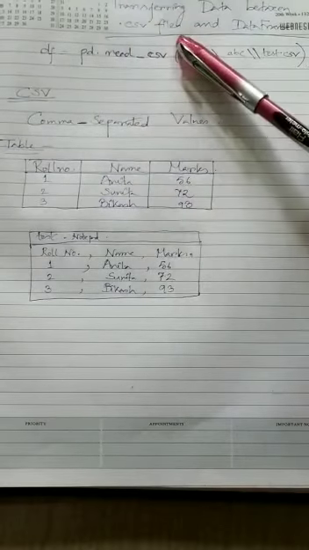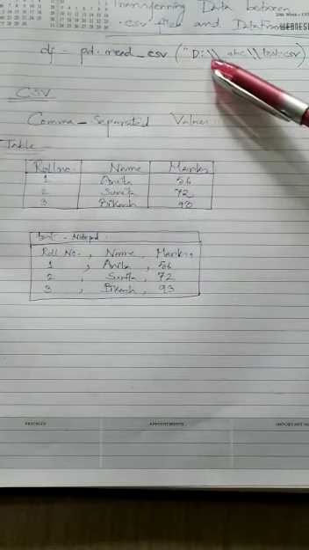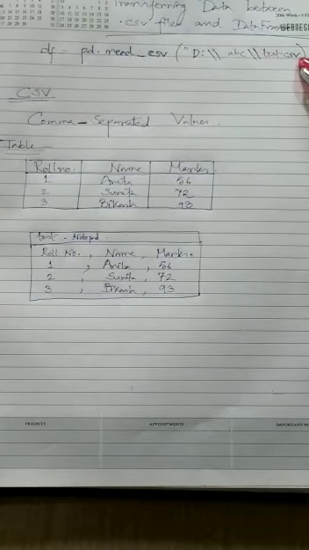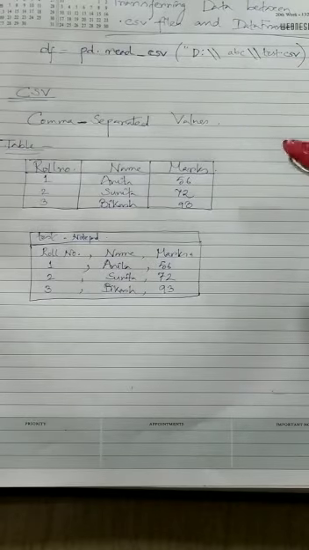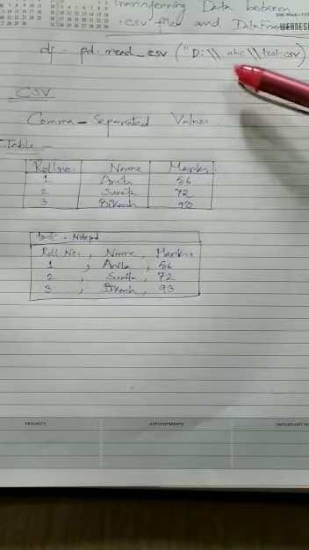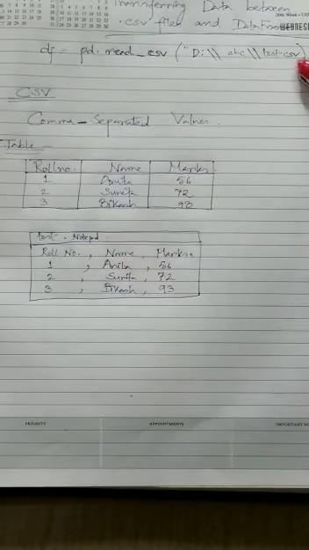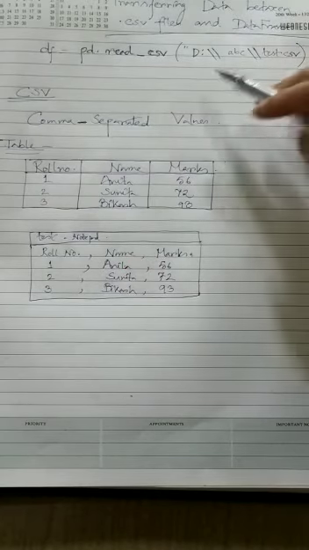As an argument of this method, you pass the path of your CSV file. You have the idea of a path, like D drive. In this D drive, if you have one folder ABC, inside that folder you have saved this test.csv. This is the path.